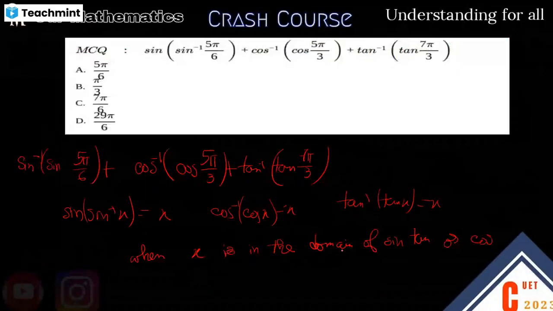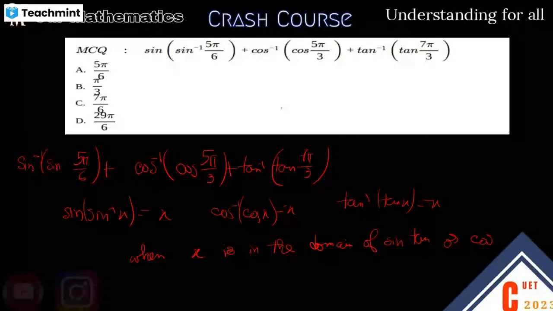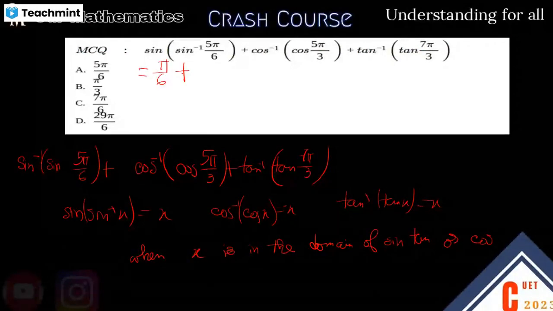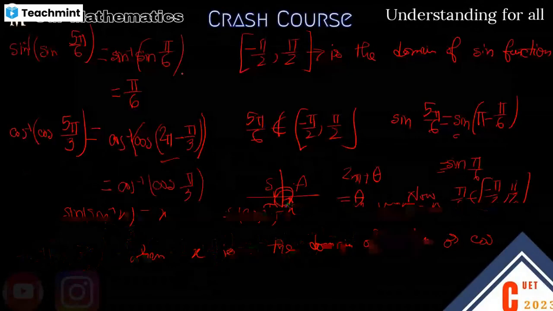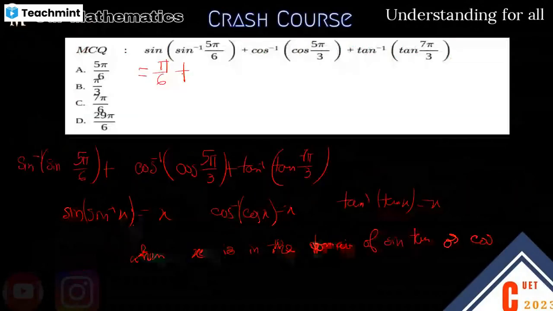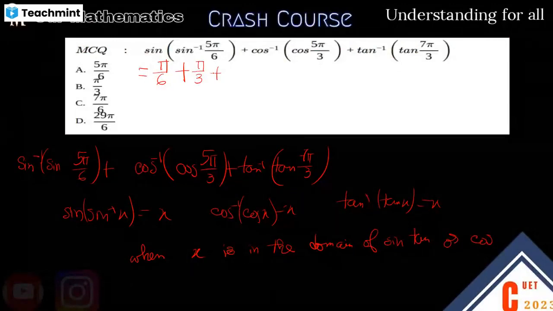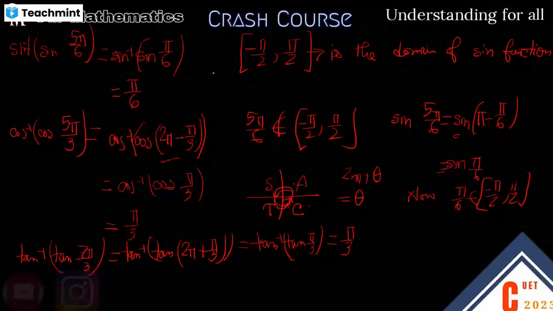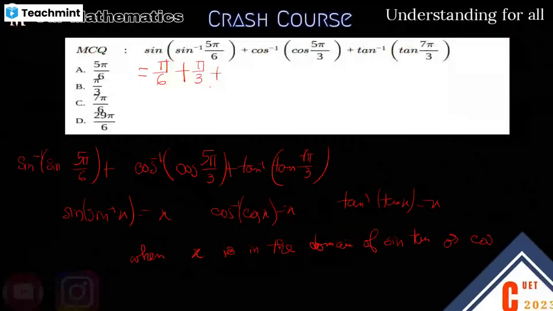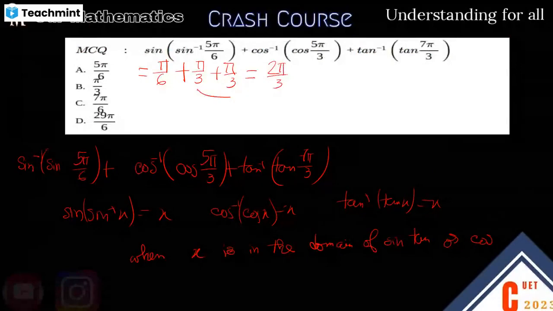So what did we get? Sine inverse sine 5 pi by 6 is pi by 6. Plus cos inverse cos 5 pi by 3, that is pi by 3. Then what is tan inverse tan 7 pi by 3? It is pi by 3. That is pi by 3 plus pi by 3, which is equal to 2 pi by 3. It is 2 pi by 3 plus pi by 6.